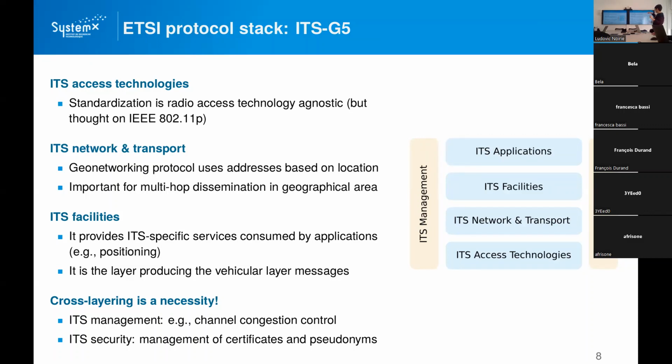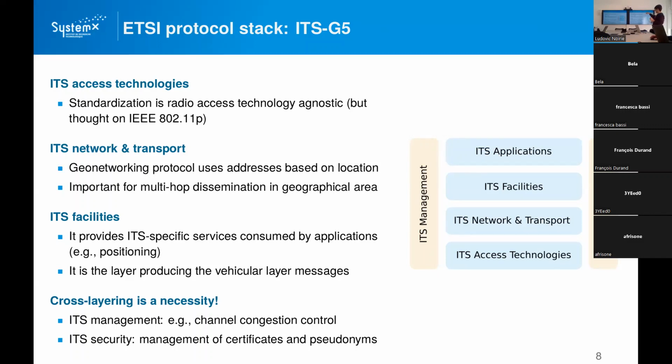Then you have network and transport. The thing here is that you have a geo-networking protocol that is new, because information is generated and needs to be consumed in the geographical neighborhood. So what you want to do is to be able to address nodes depending on their position. This geo-networking gives you this opportunity, and then on top of that, you can run an IPv6 protocol.